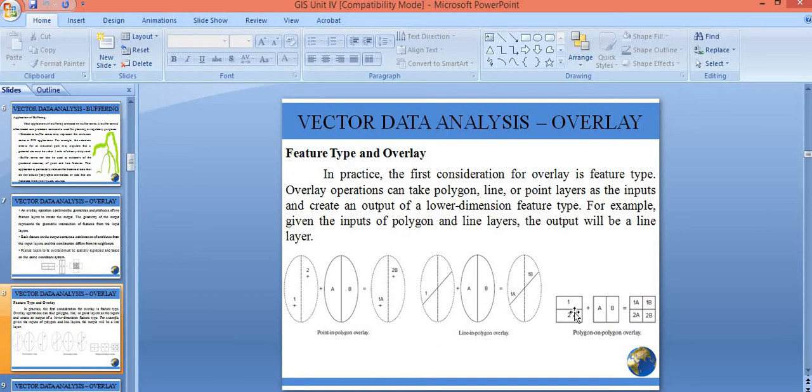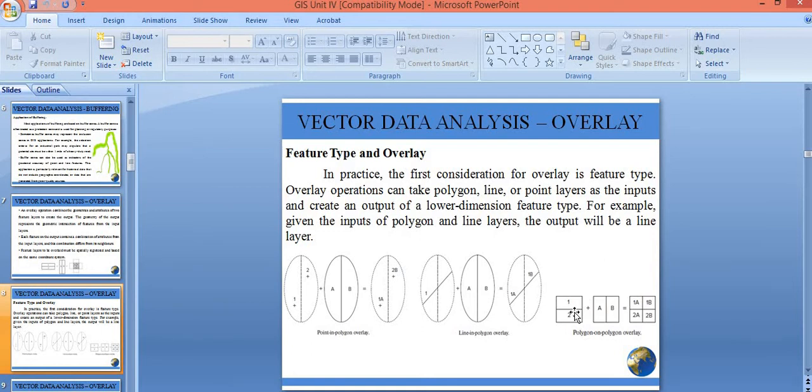The next one, if you take the hierarchy, at the top you will be having polygon, next you will be having a line, followed by point. So which is the lower dimensional one? Point. Which is the higher dimensional one? Polygon. So coming back to the point, whenever you perform the overlay operation between point and polygon, the result will be point.